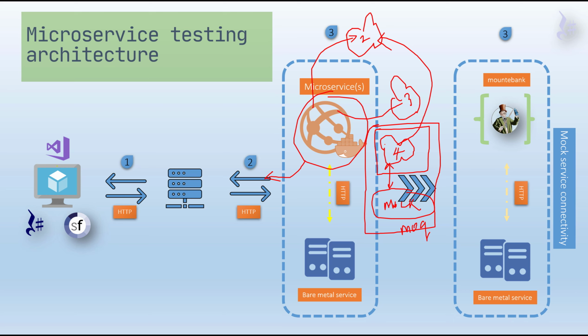But consider this: if you have 500 services, and you want all these services to be available at any given point of time, that's not going to happen in the test environment. You can expect that in a production environment, but for the test environment, if you want to isolate the testing and see how every component is working, then it is always better to virtualize that particular service and see how the rest of the services are actually working.